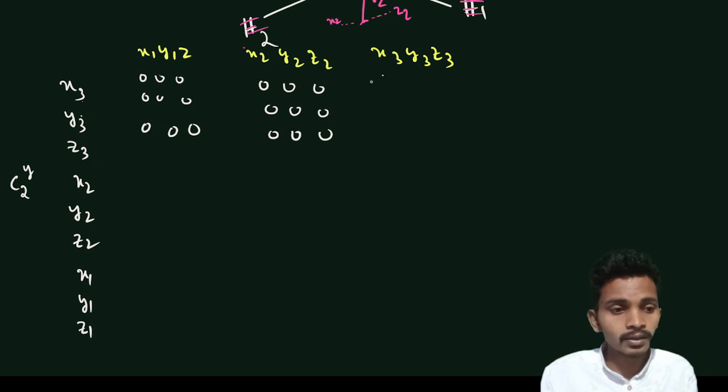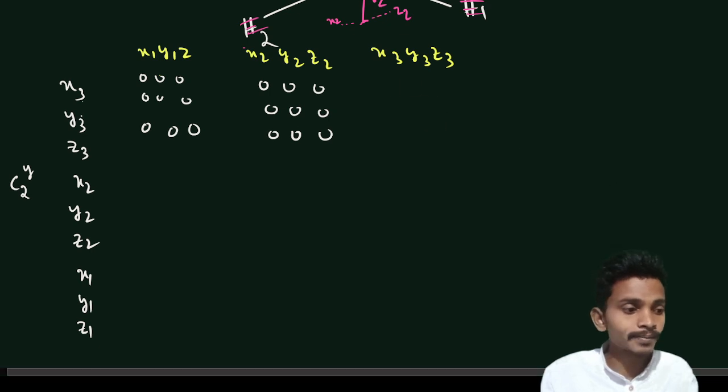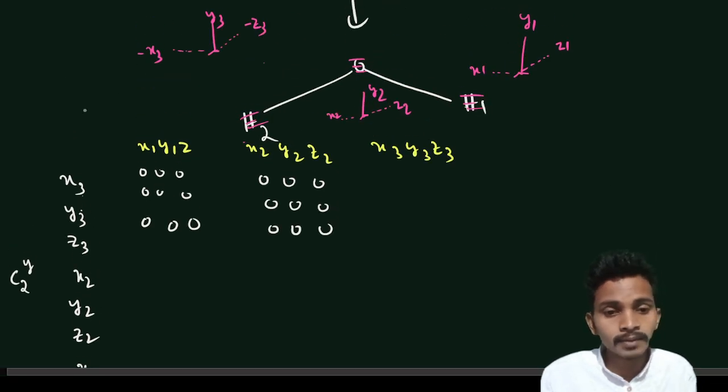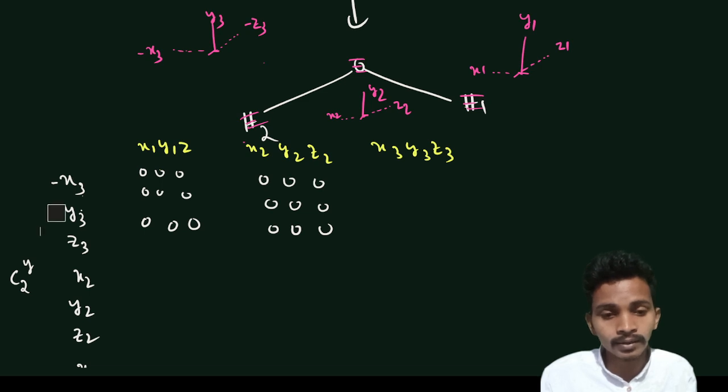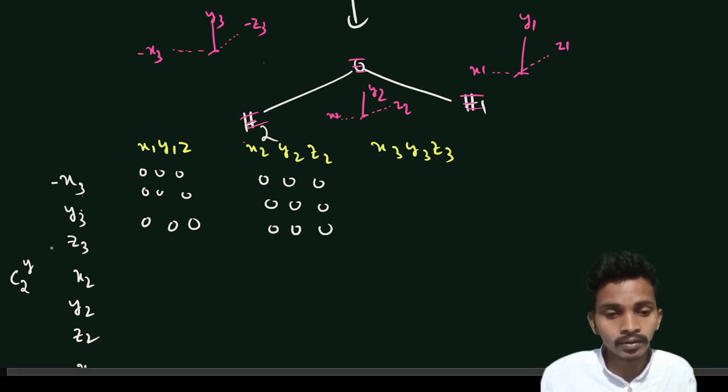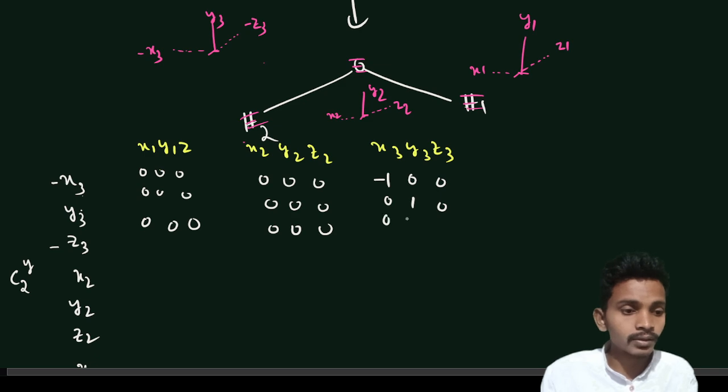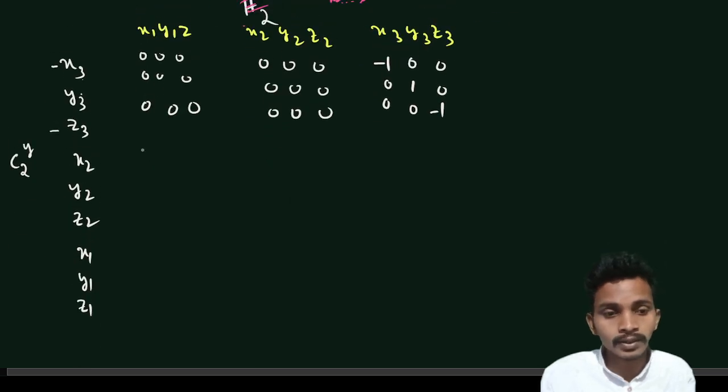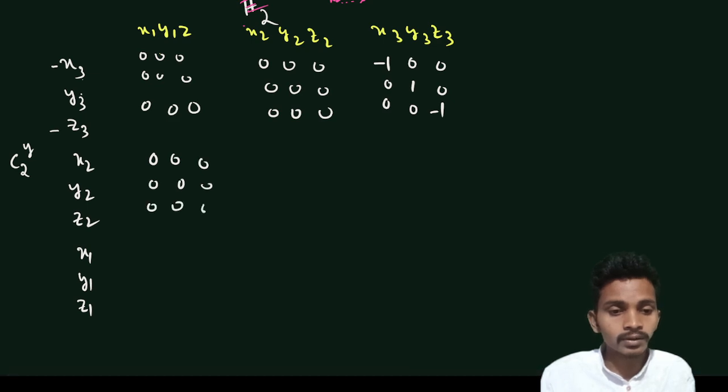So x3 is there, yes, so 1, and the axis also changes, but x3 becomes minus, so this is minus, and z3 also minus. Only this one does not change, so it becomes -1 0 0 1 0 0 0 -1. Similarly, x2 is not here, so 0 0 0 0 0 0 0 0.